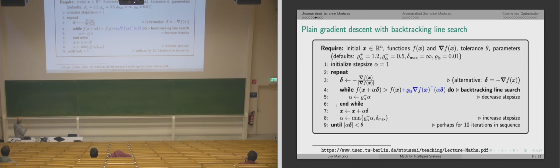And then we might have something that makes sure that alpha never gets under a certain value. So we basically set alpha to be the minimum between this and delta max here. Well, here we are not using delta max because we set it to infinity.